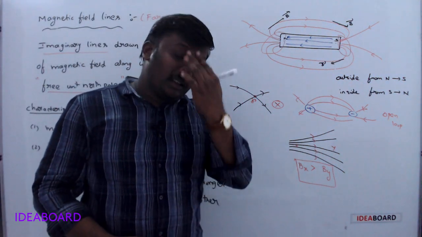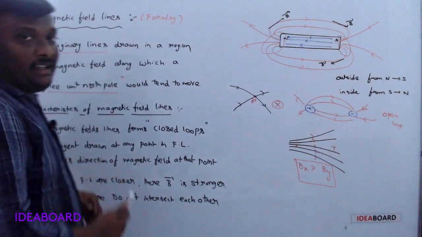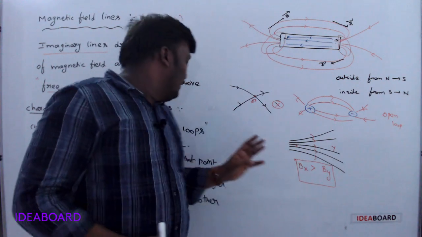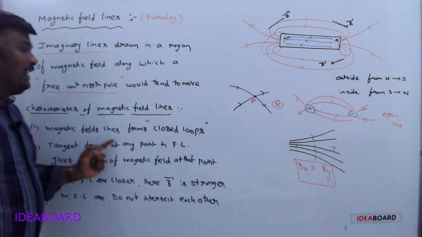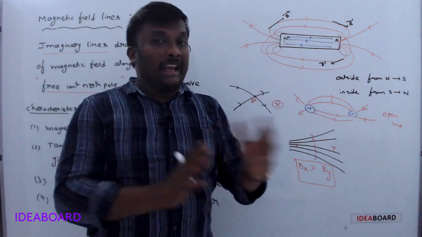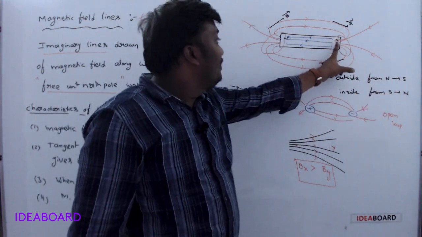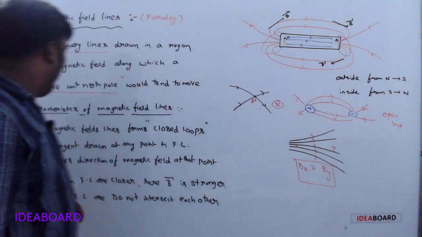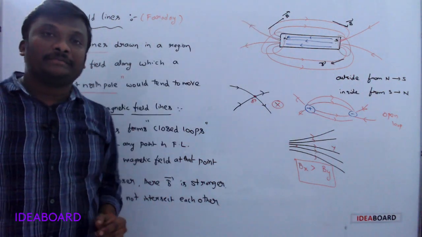Understand? These are the characteristics of the magnetic field lines. So, very important, four properties. What is the first one? Magnetic field lines always form closed loops, no beginning and ending points, and outside north to south, inside south to north. And the second point, the tangent drawn at any point gives the direction of the magnetic field.